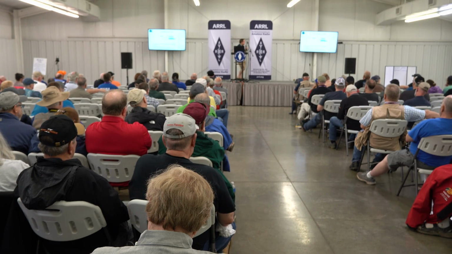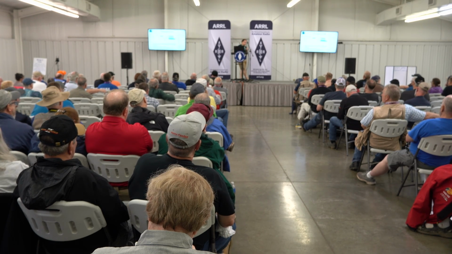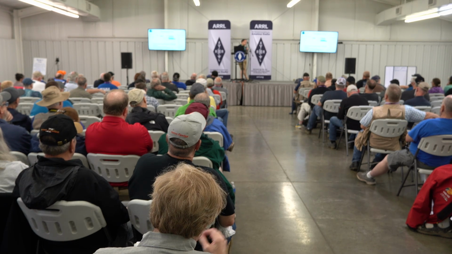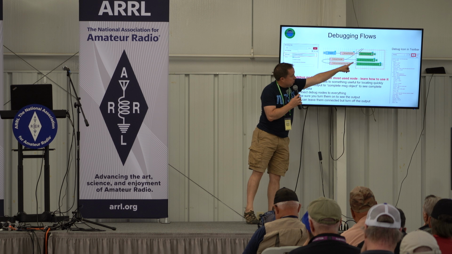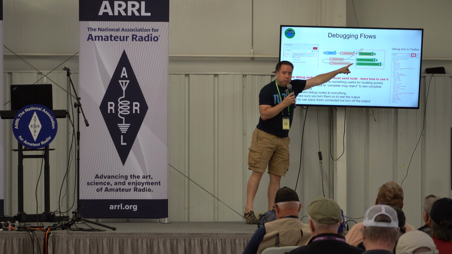I left this slide in because it's important. Once you start developing your own flows and they're not working, or you import a flow and it's not working, debug nodes are your friend. I put debug nodes on a ton of stuff, and then you can turn them on and off by, remember I talked about those buttons on the right-hand side of the nodes?